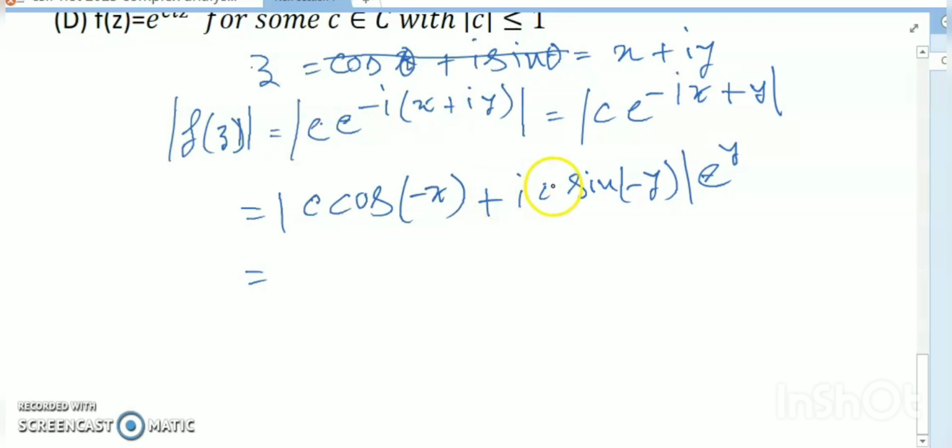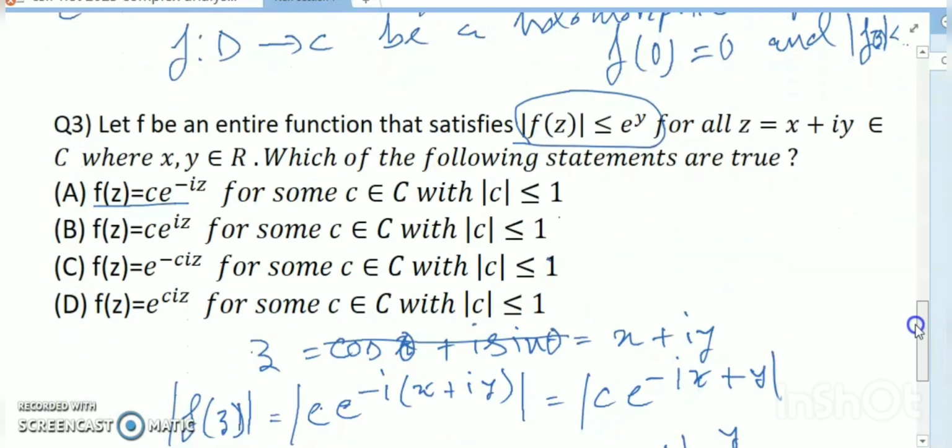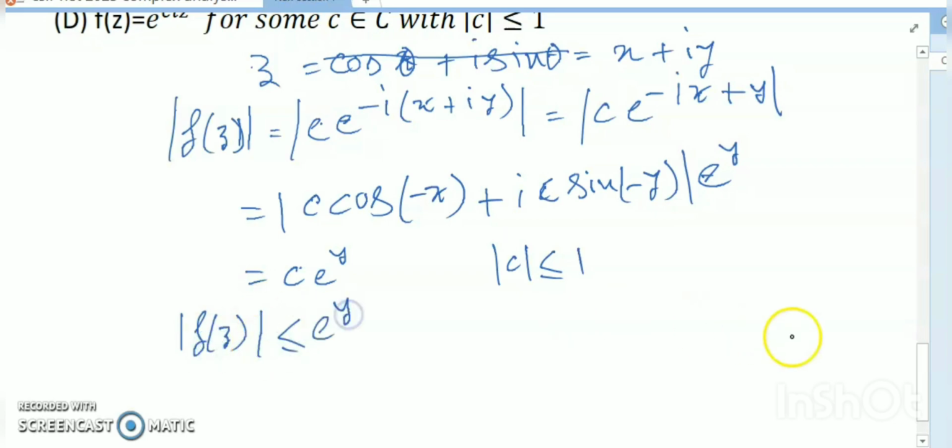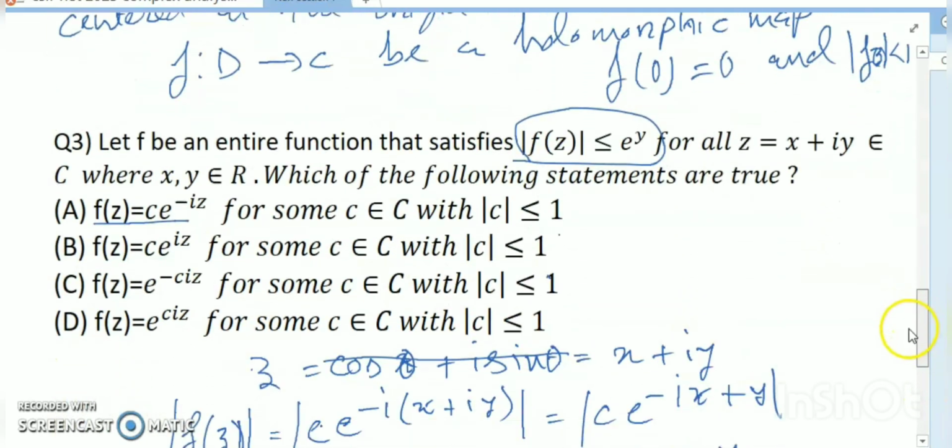So now we get c into e to the power y, and cos x plus i sin x mod is equal to fz. So c into e to the power y, and mod of c is less than or equal to 1, so mod of fz is less than or equal to e to the power y. So these equations hold.